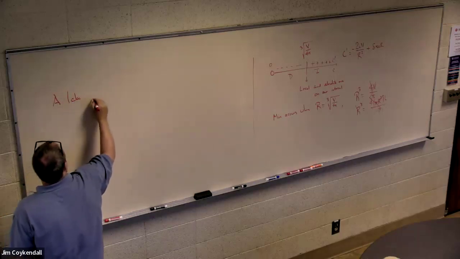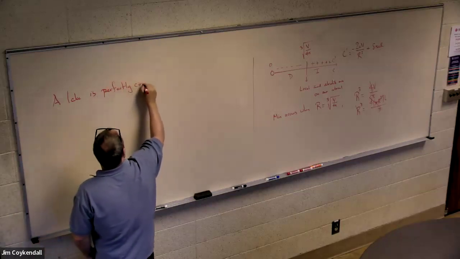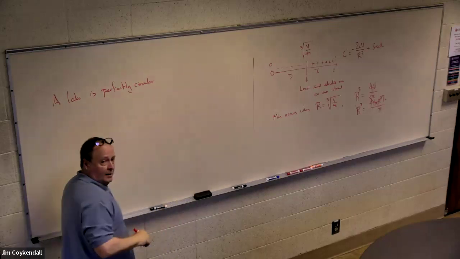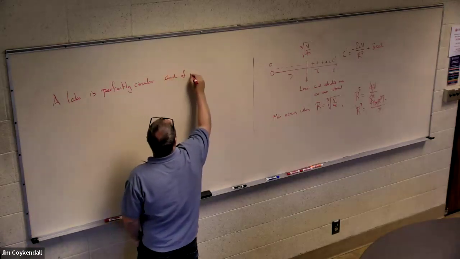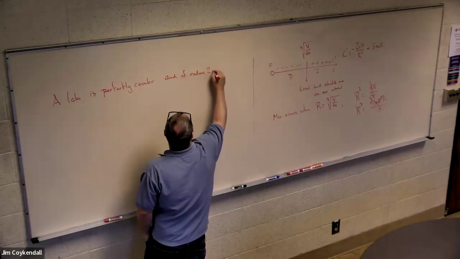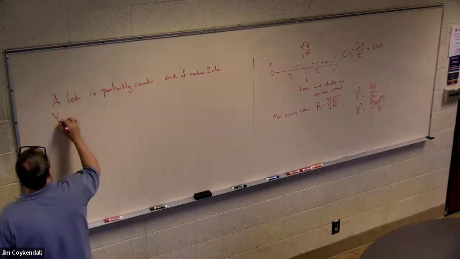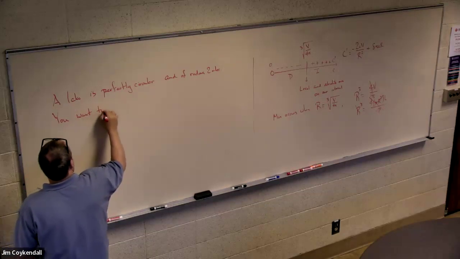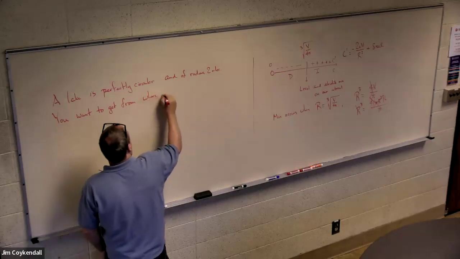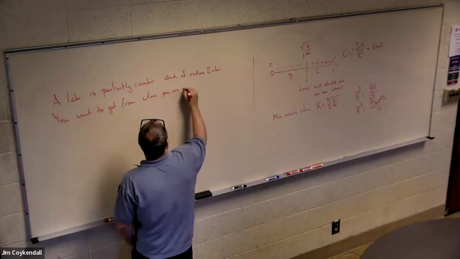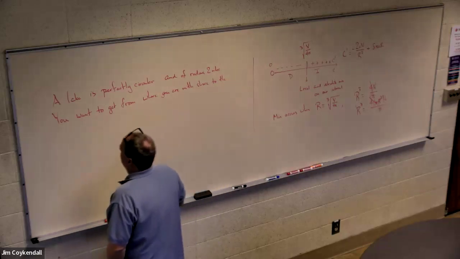Perfectly circular. Obviously an artificial one. And a radius of 2 miles. You want to get from where you are on the shore to the exact opposite side.